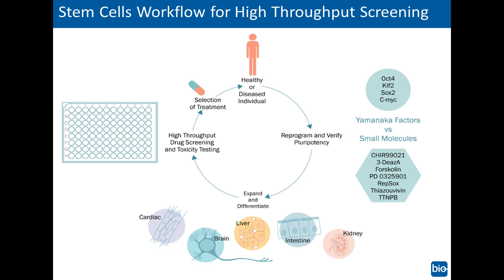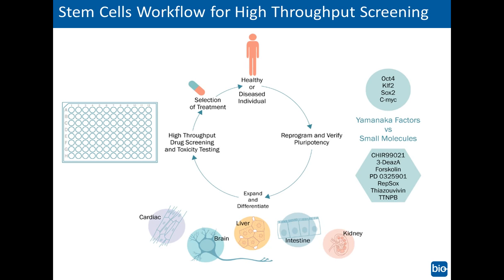Once you've verified and validated your pluripotent stem cells, you then expand them and differentiate them into the cell type of interest on the bottom. These can then be translated into high throughput screening models for toxicity and drug screening. And in the case of personalized medicine, there is the potential to select a particular treatment that's specific for the individual from which the original cells were isolated.